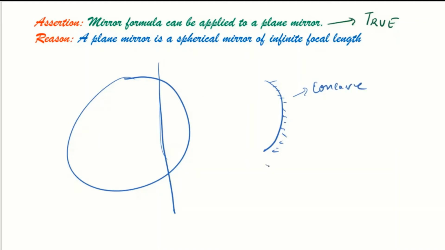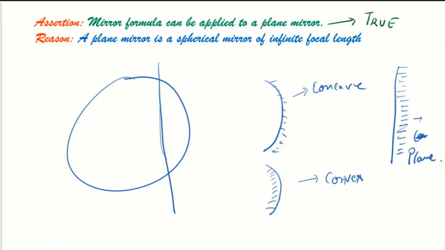And if we polish the inner surface of this glass, then we form a convex mirror. We know a plane mirror is formed when we take a rectangular piece of glass and polish one side of the glass.